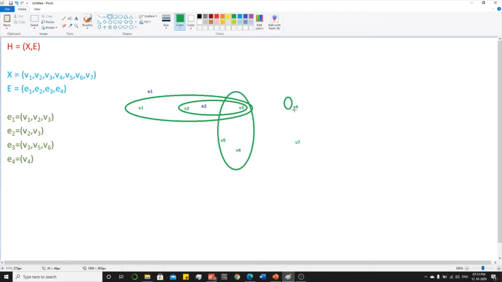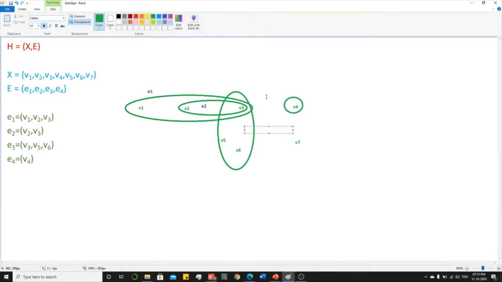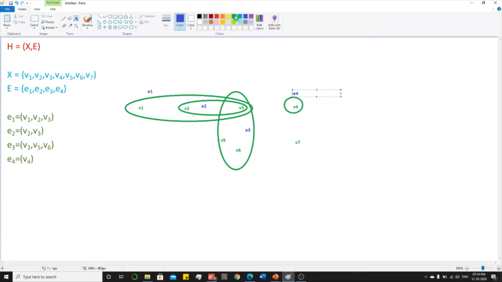V4 is a separate edge. So edge E3 is this one. This one is E3. And this one is edge 4, E4. And one more vertex was there, that is an isolated vertex that doesn't have any edges.